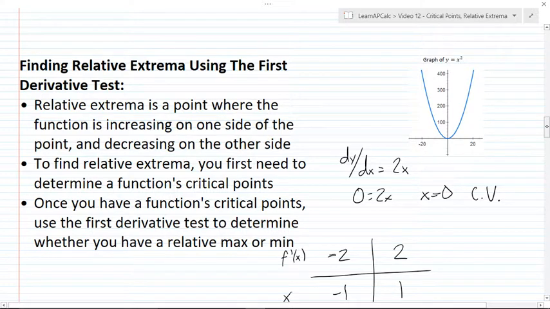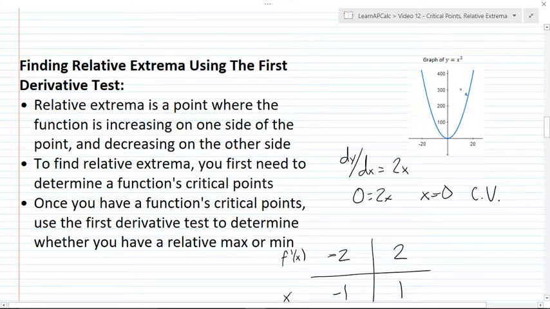The basis of the first derivative test is we're seeing what is the function doing to the right, what is it doing to the left of our critical value, and from that we can say whether it's a relative min or a relative max.